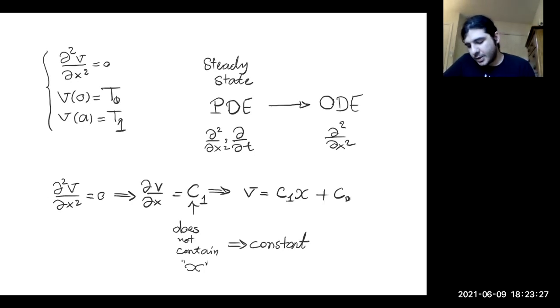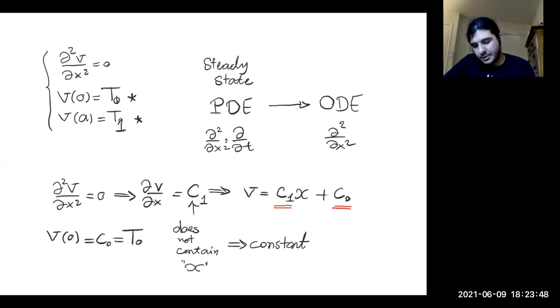The only things we don't know about v are these constants, C1 and C0, which of course we can find using our boundary conditions. So v at 0 is equal to C0. It's supposed to be equal to T0. That's our first assumption.